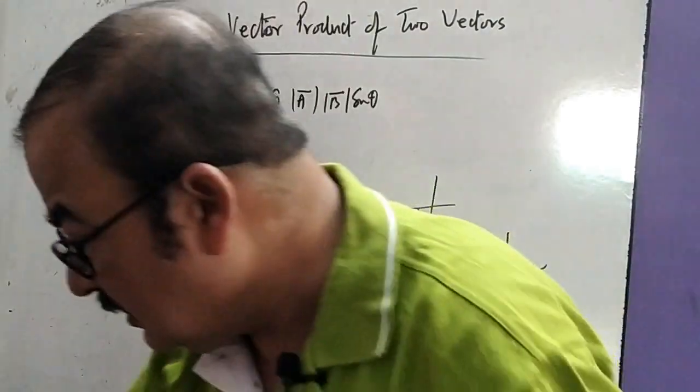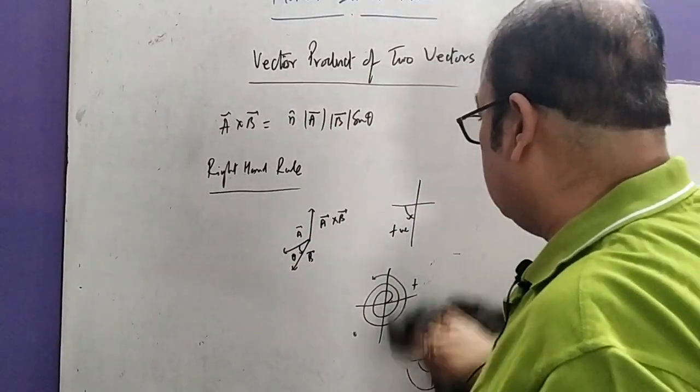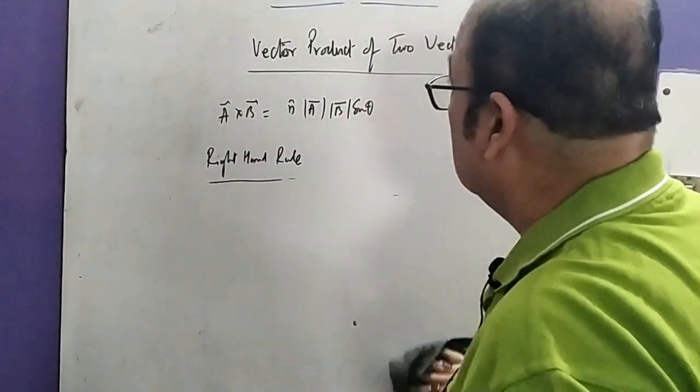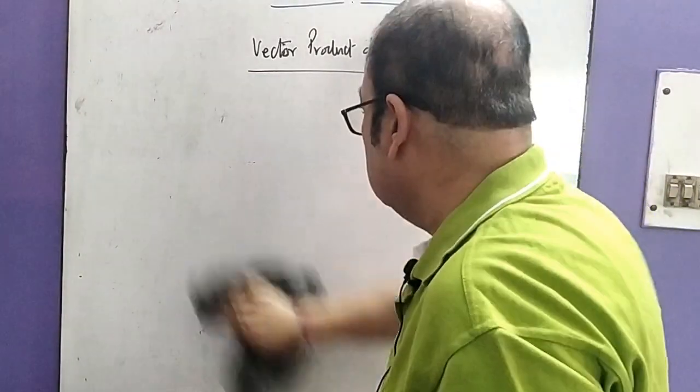Okay. Now let me have some properties of vector product.